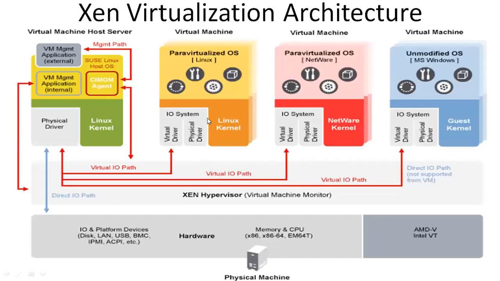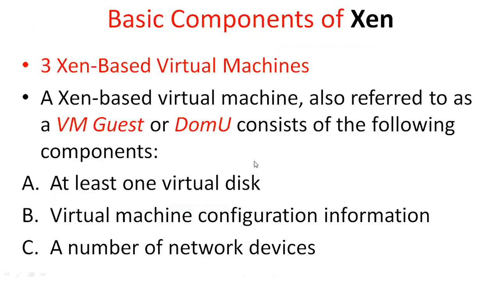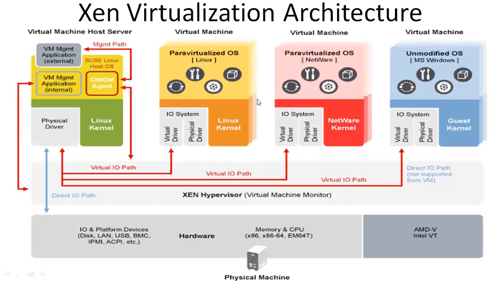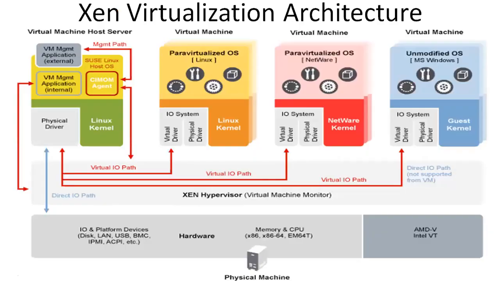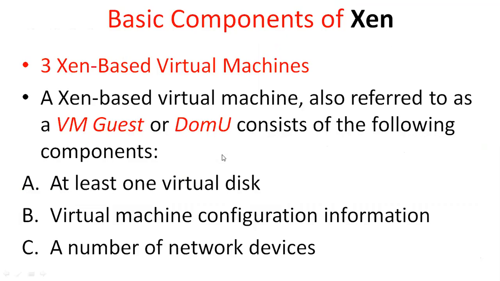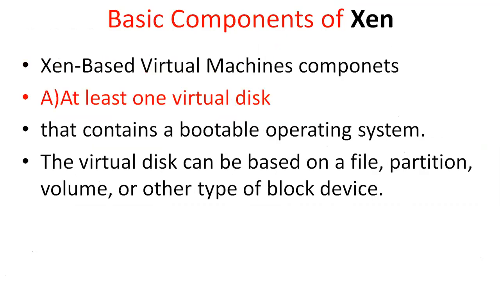The second component here is the virtual machine configuration information, which is stored somewhere. And then the third component here is the number of network devices. The virtual machine has a number of network devices. These are all the components. First one, the virtual disk.